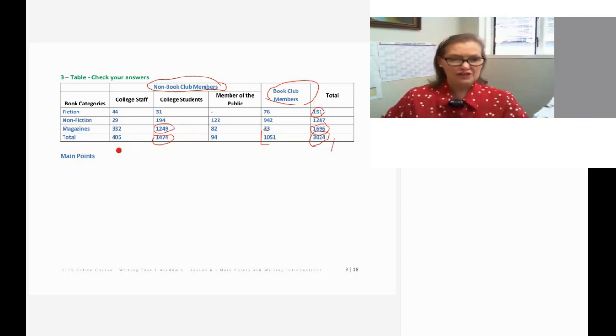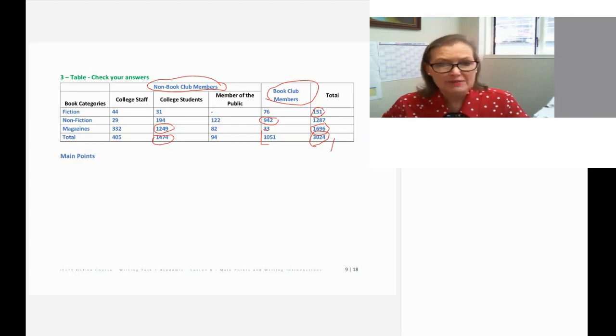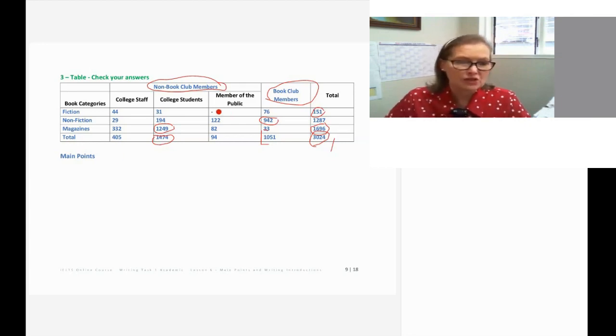What else could we mention there? We could say it's interesting to note that the members of the public had no interest in fiction at all.